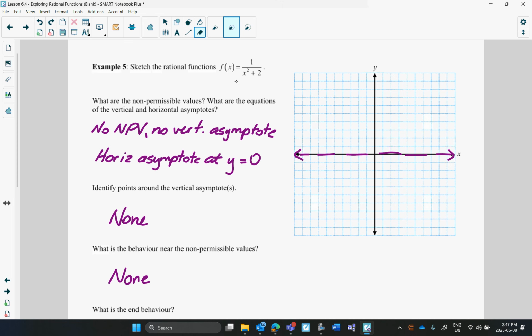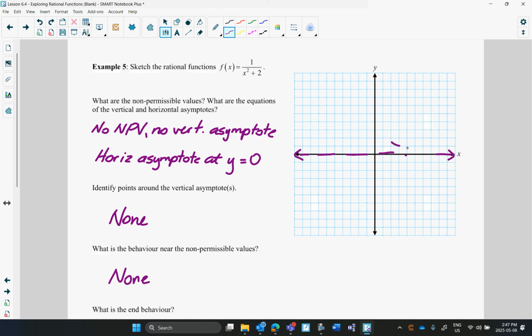If x is 2, 2 squared plus 2 is 6, so you get 1/6. Let's do 20. 20 squared is 400 plus 2 is 402. 1 over 402 is really small. So it keeps getting smaller, but will it ever get to 0? No.